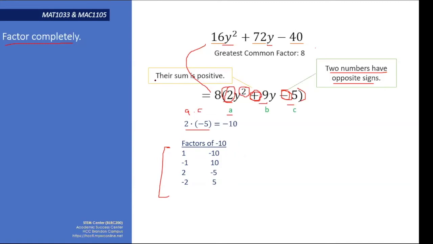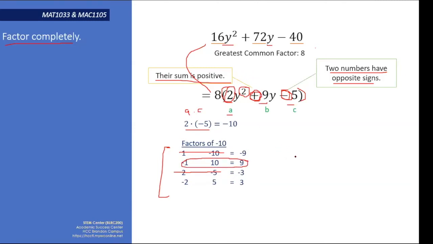We want to find which group of these factors, when we add them together, we get +9. And so we've written that their sum is positive because that helps us eliminate some of these answers. Because this one, 1 and -10, that won't work since the negative number is larger, so their sum can't be positive. Same thing applies here. And then we can calculate and actually do the math and see that the one that works is this one, because we do get +9.